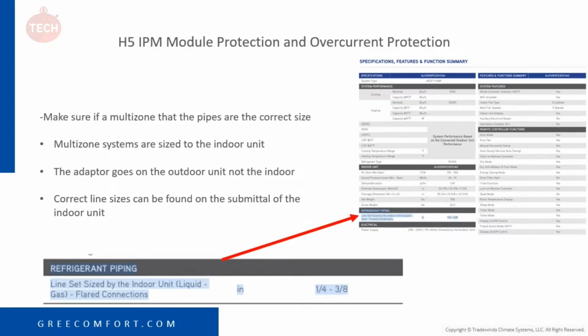In the picture on the right is the submittal. In this example, it's a 4LIV09. Again, there's a refrigerant piping section, and I zoomed in on it, and over here to the left, where that arrow is, it tells you the exact line set size you should use. In this example, it'd be 1/4 and 3/8. So 1/4 and 3/8, that is what's required from outside to inside.